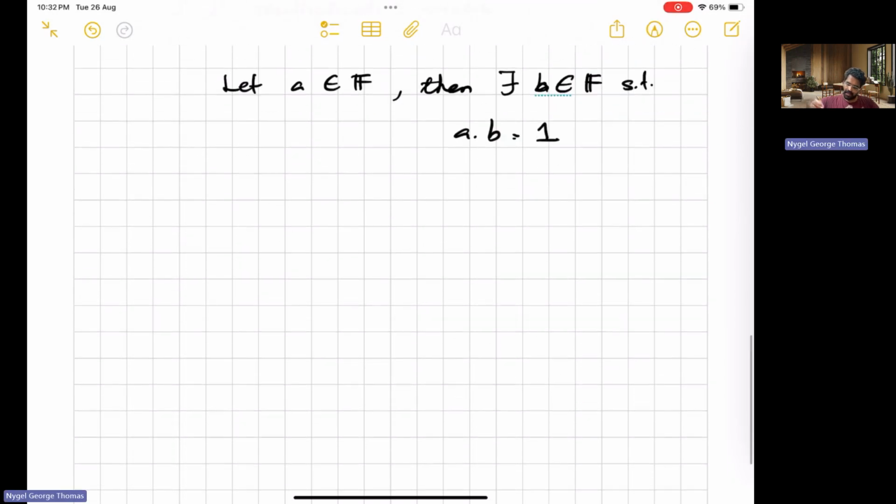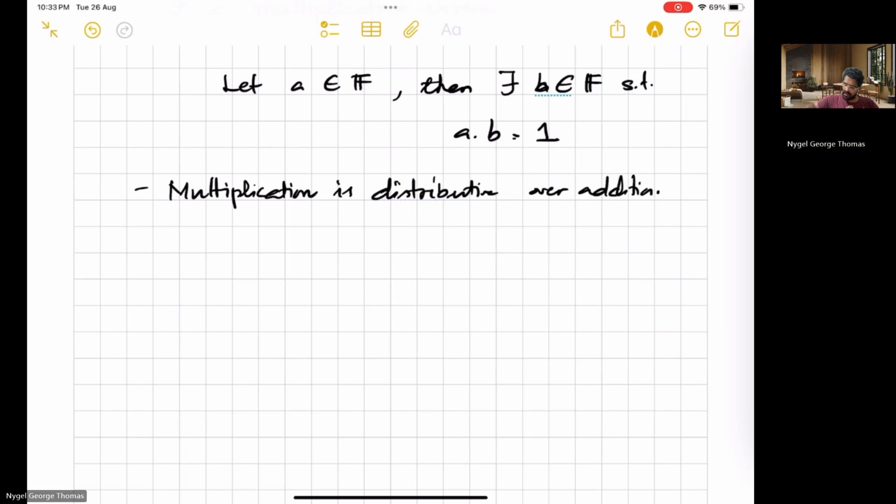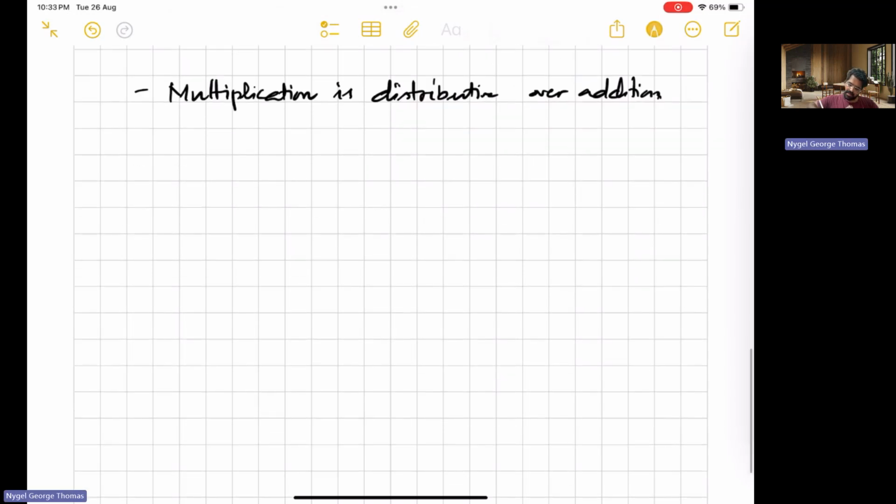And the last property is that multiplication is distributive over addition. What does this mean?